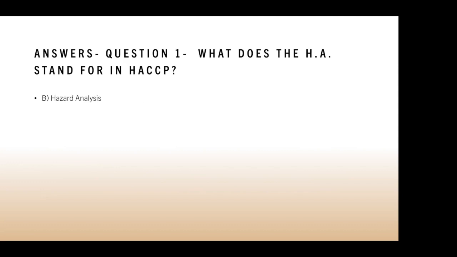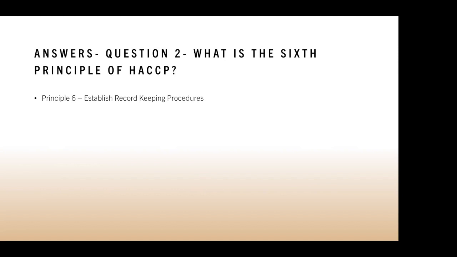Question 1, what does the HA stand for in HACCP? The answer is B, hazard analysis. Question 2, what is the sixth principle of HACCP? And that is establish record-keeping procedures.